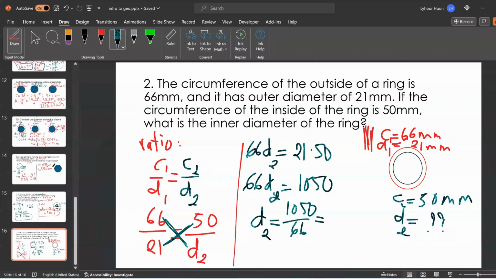And add a decimal. When we can still continue division, we add a decimal and add zero. Yes, correct. At that point, we have a decimal.